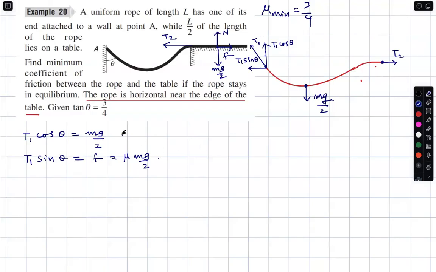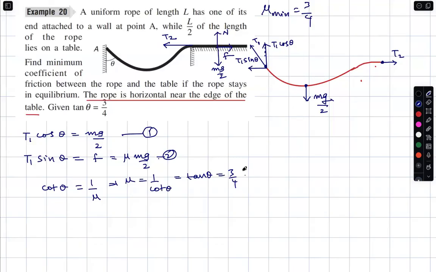Since I am a bit lazy to eliminate T1, I have only one option. Let us go for the ratio of this. By taking the ratio, cot theta becomes 1 by mu. This implies mu becomes 1 by cot theta, or tan theta, or 3/4, and hence my problem is done.